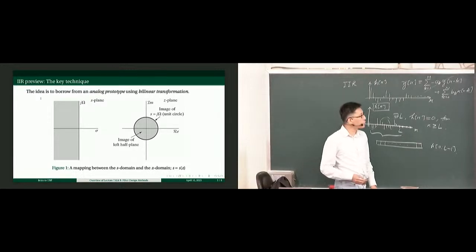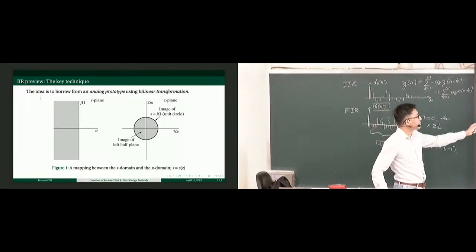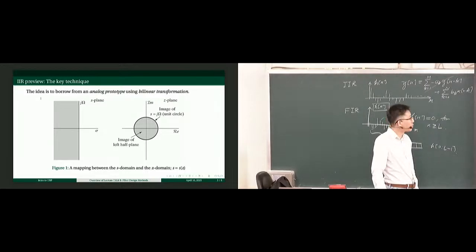Okay, so in the next few slides, I'm going to give you a preview of how we are going to learn IIR design. And the key idea is to borrow. 用借的, we borrow what? We will borrow from pre-existing knowledge in analog systems.